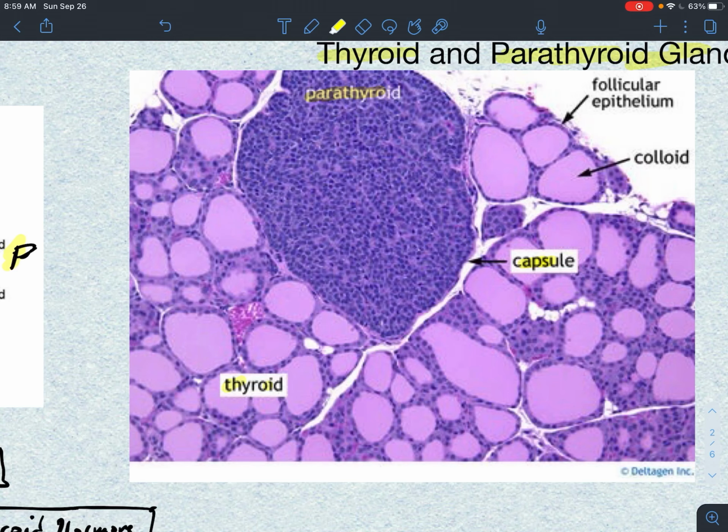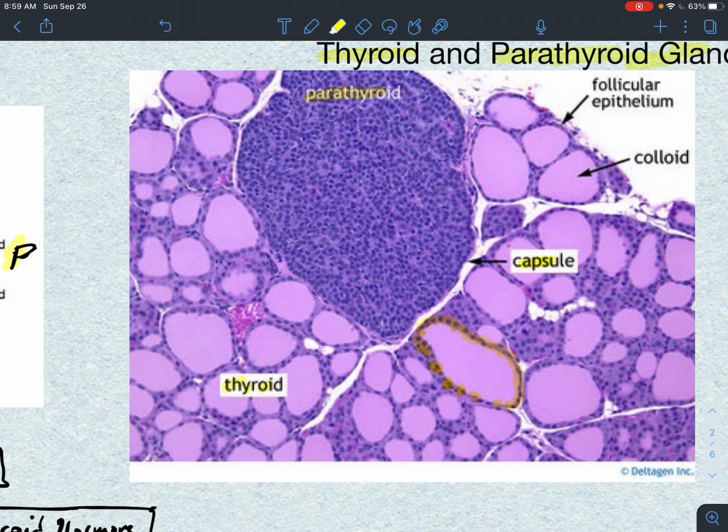And the thyroid gland has a very, very unique structure to it, where you've got these cuboidal cells that go in a circle, right? They go in a circle, and we're going to see a closer view of this.